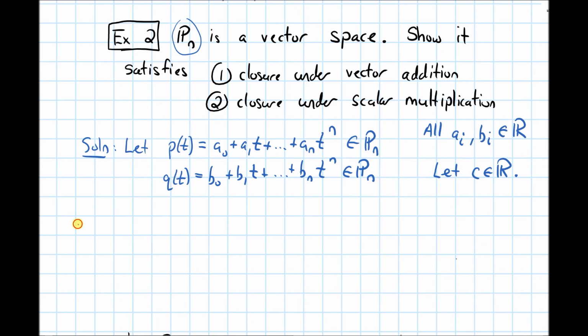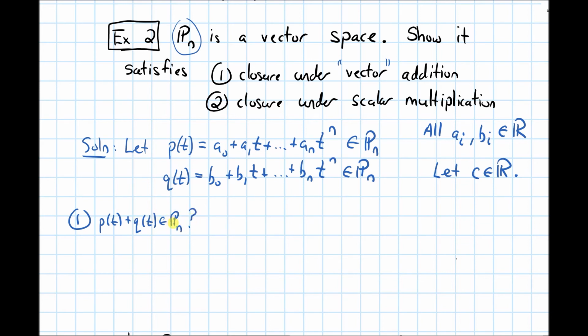Okay, so let's check these 2 properties. To check to see if it's closed under vector addition, in this case with my set, the elements aren't vectors, they're polynomials. So I'm going to be adding polynomials here. What I want to know is, if I add p of t to q of t, is that also going to be in Pn?